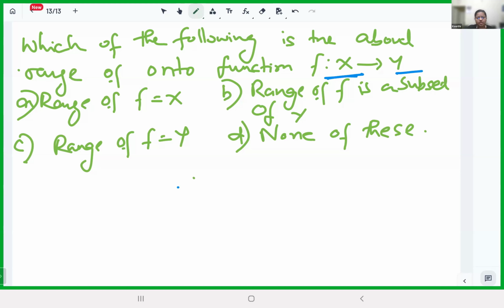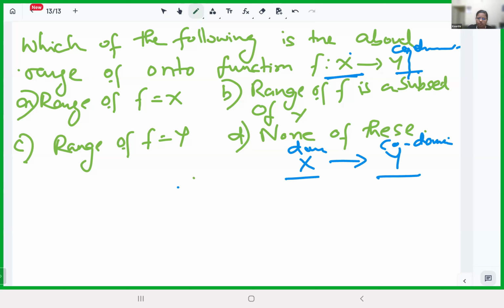What do you mean by an onto function? Every element in Y should have a pre-image in X.